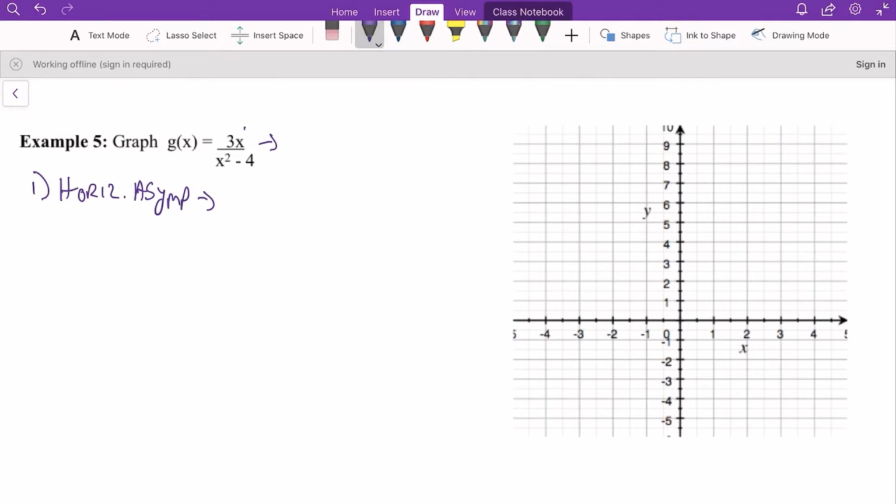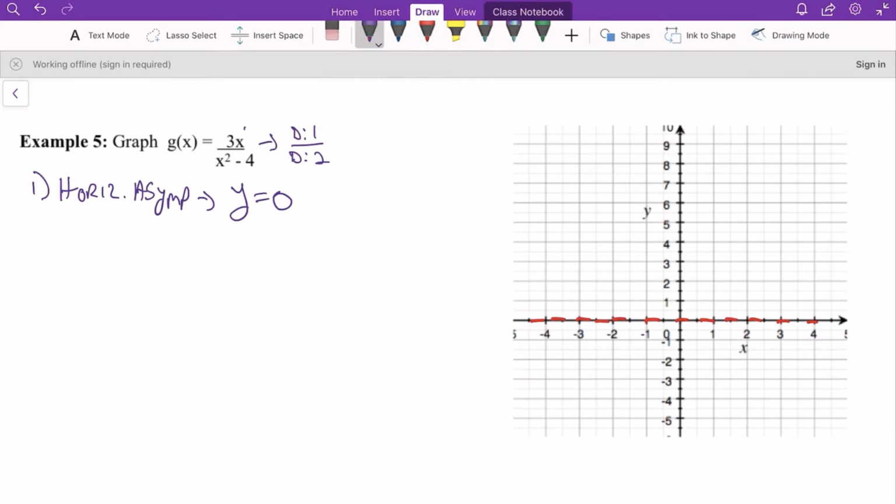The degree of the numerator is 1, and the degree of the denominator is 2. So we said that if the degree of the numerator is less than the degree of the denominator, you have a horizontal asymptote at y equals 0. I'm going to pencil that in. It's going to be right here on the x-axis.